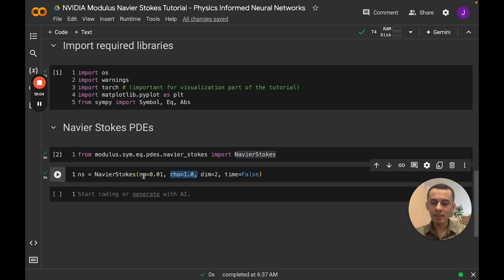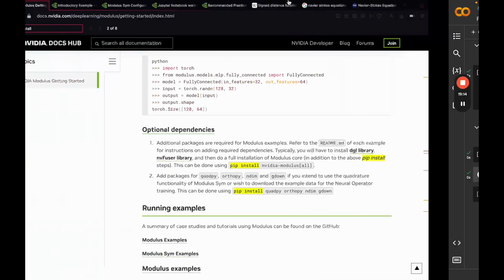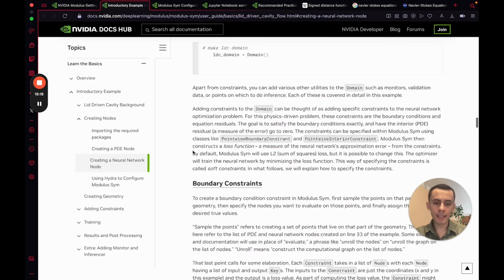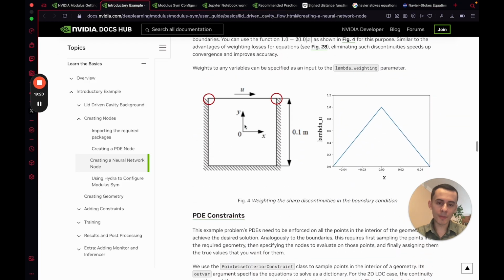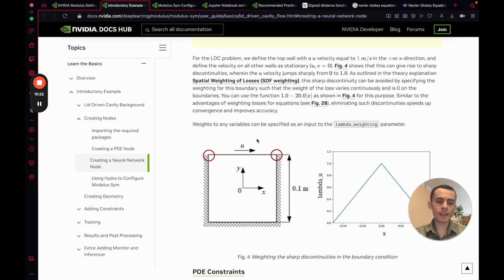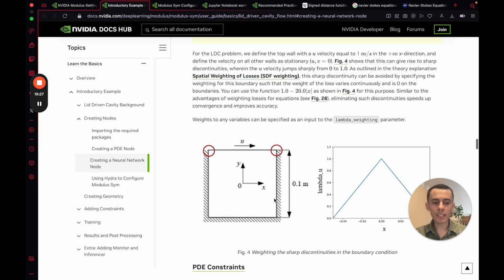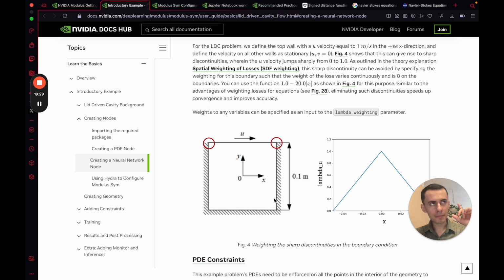Anyway, the point is, this viscosity coefficient nu, the density is going to be 1, the dimension is going to be 2, and it's a steady state problem. If you have more questions about this setup, you can always check the example we're following on the documentation. They talk about the lid-driven cavity flow problem. Okay, you can get familiar with that. I also have a tutorial on that one that is with more traditional methods. I'm going to be linking that as well.